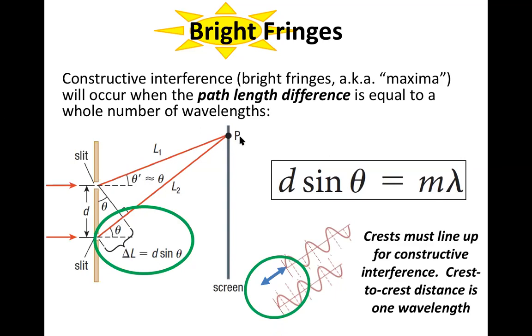So the path length difference is from here to there, that delta L. Sine theta equals delta L over d, because that's the hypotenuse. The opposite side over the hypotenuse gives you sine theta. Rearrange for delta L, and we have the difference in the path length is d sine theta. It's also equal to m lambda if we want it to be a bright fringe.